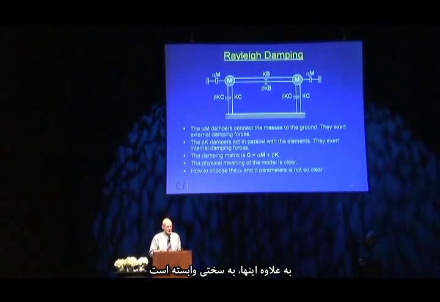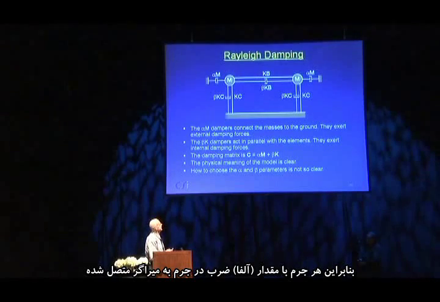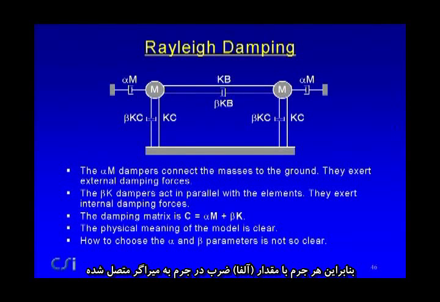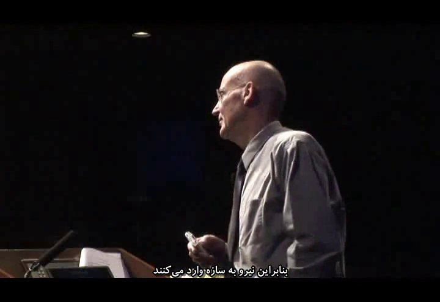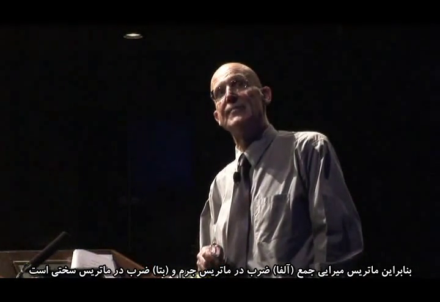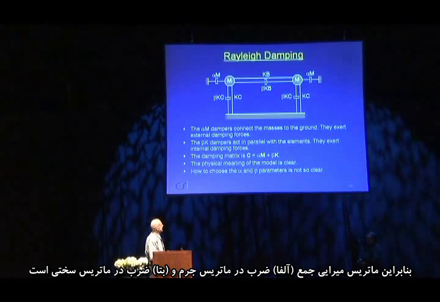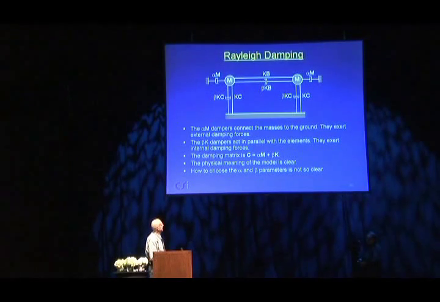And that's the stiffness-dependent portion. In addition, there's a mass-dependent portion that says that every mass has attached to it a damper with a value alpha times that mass, and that's connected to the ground. This is all the ground, so it exerts forces on the structure. So the damping matrix is alpha times the mass matrix plus beta times the stiffness matrix.